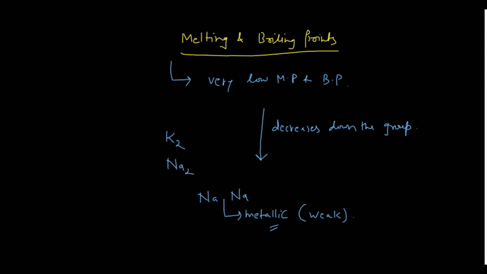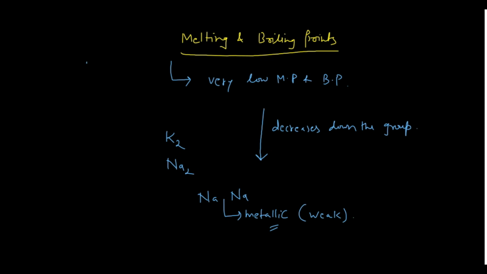And the weakness of the metallic bond increases when we move down the group, because when the size increases, the weakness of the bond also increases according to the size.